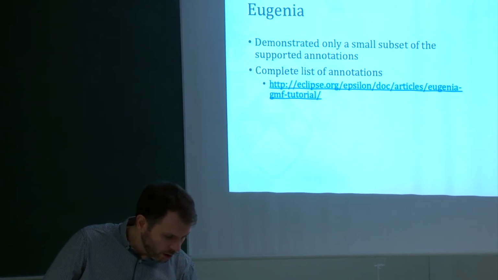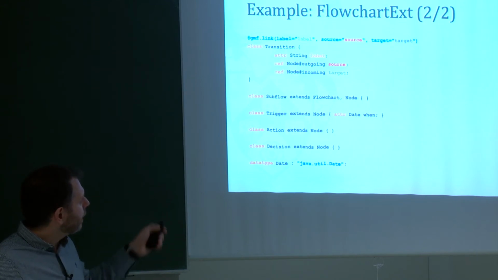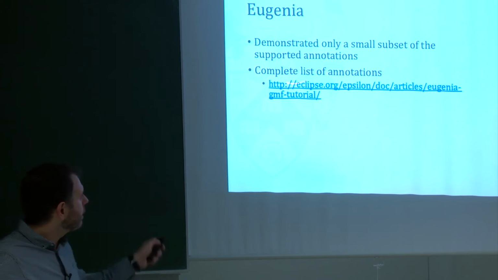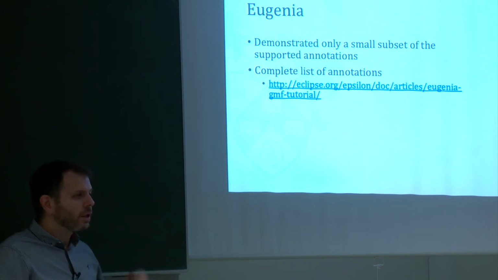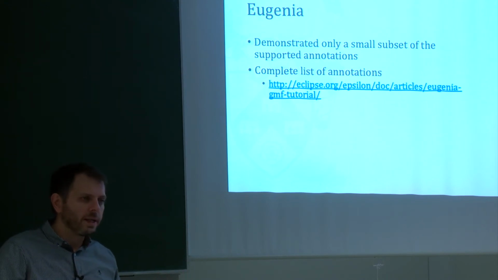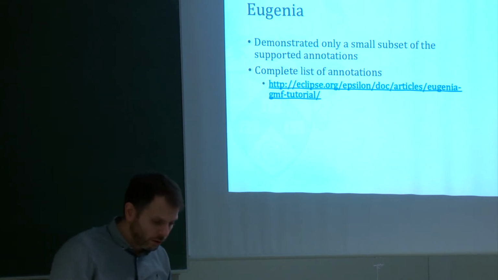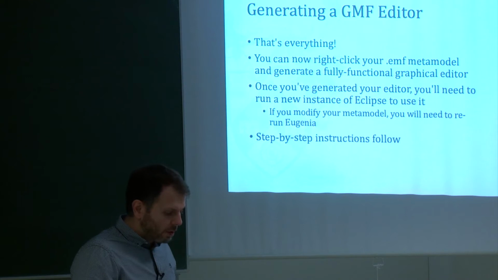So these are only 2 or 3 of the annotations provided by Eugenia. There is an extensive tutorial under the Epsilon website. And this is where you will find all the different annotations supported for classes, for references, for attributes, and so on and so forth. So that's pretty much everything.